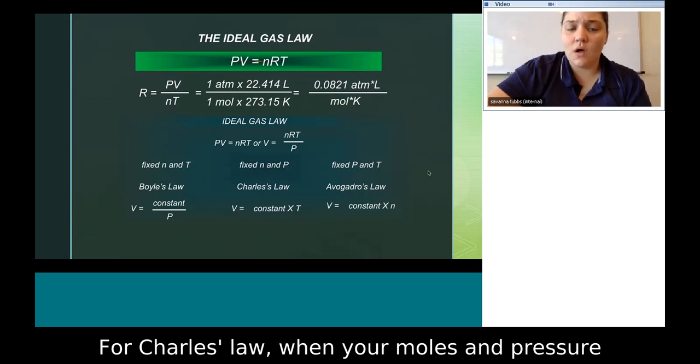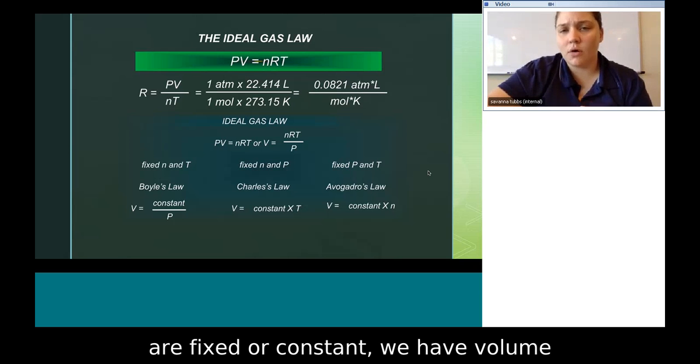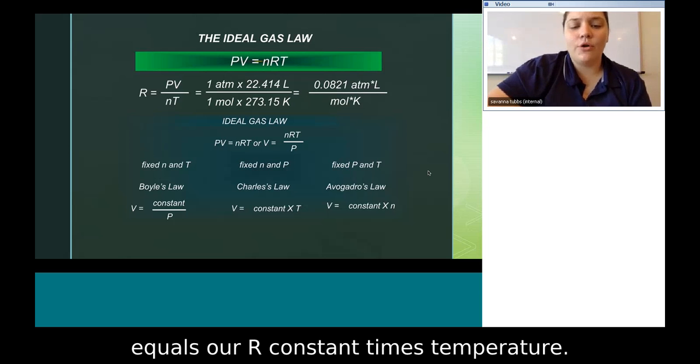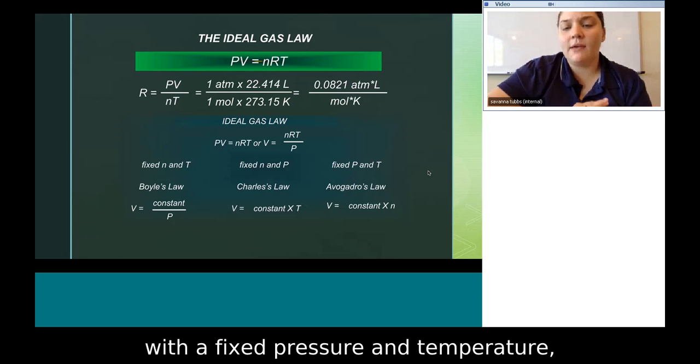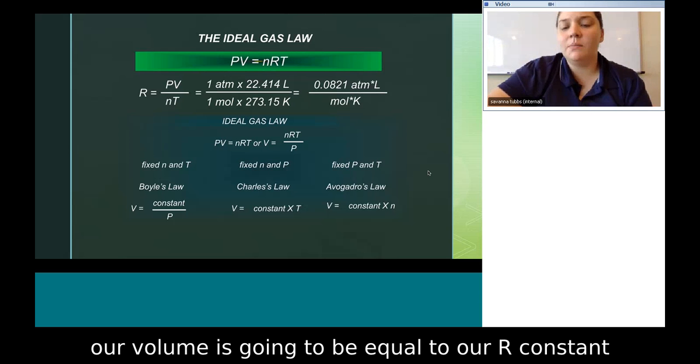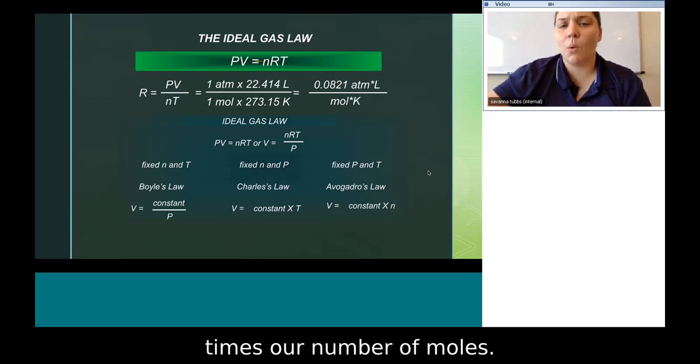For Charles' law, when your moles and pressure are constant, we have volume equals our constant times temperature. And then finally, for Avogadro's law, with a fixed pressure and temperature, our volume is going to be equal to our constant times our number of moles.